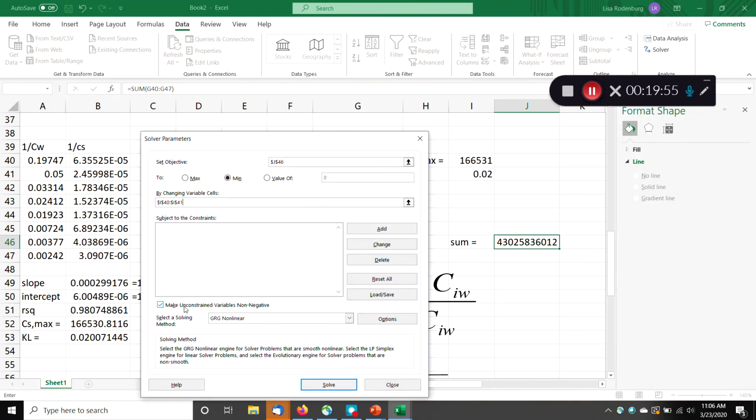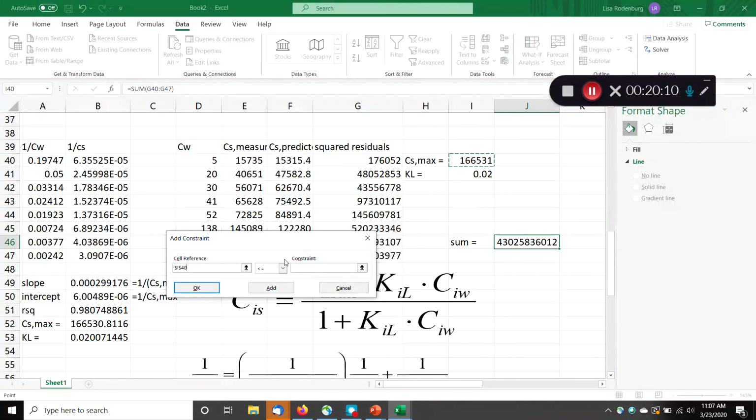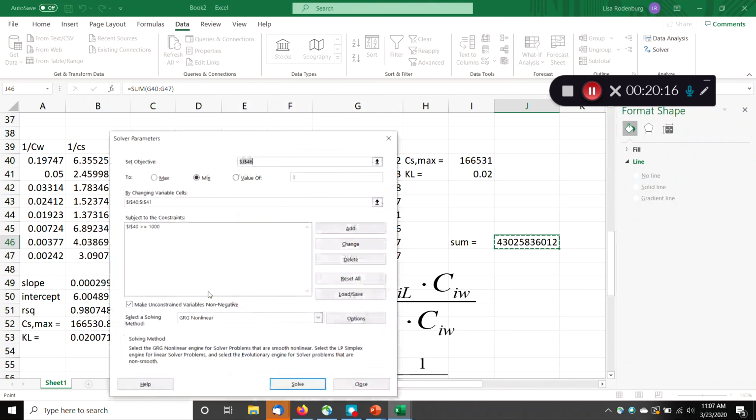I almost always make those unconstrained variables non-negative, meaning that they have to stay positive, so I just leave that box checked. You could put other things in here. You could say that they have to be greater than or equal to 1,000, and that would show up here as one of your constraints.